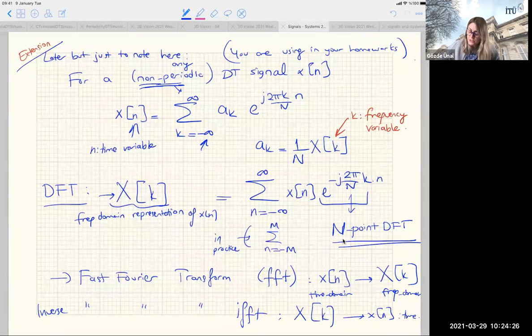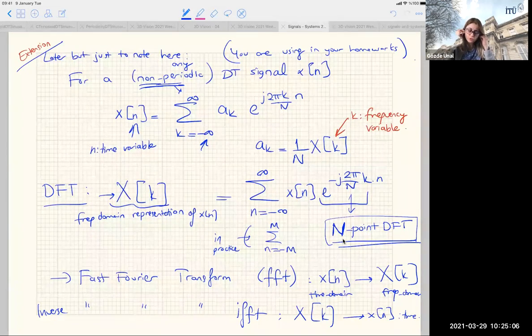But here we have to define a capital N. It's non-periodic, there is no fundamental period, and it goes from minus infinity to infinity, so we have to limit the sum to some range, and the limits of the sum relate to capital N. This is a bit of a digression and is for your homeworks. For the mathematics, you are not yet responsible for this slide, but you will be using it practically.